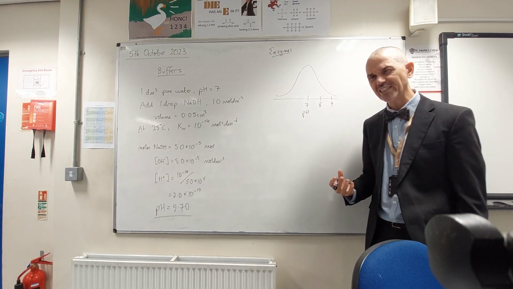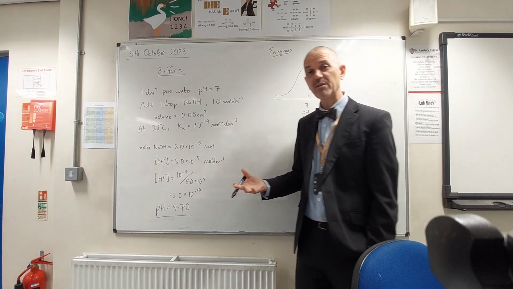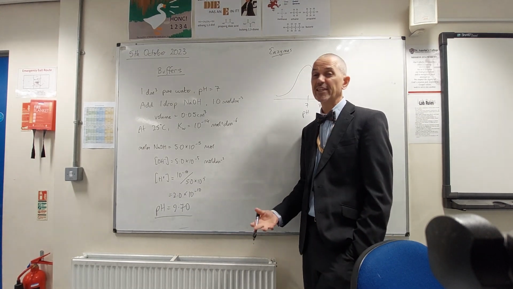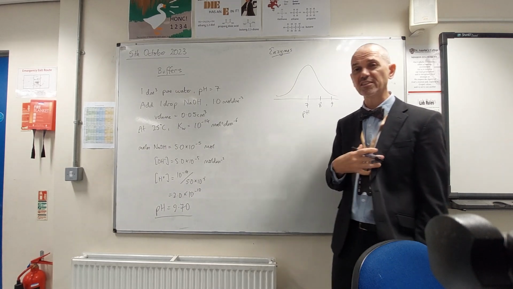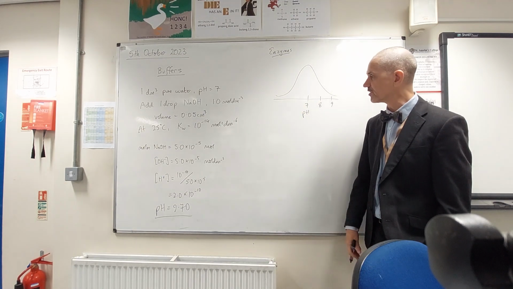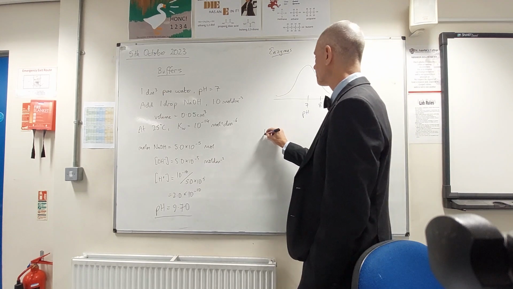So very small changes in pH. So if you drop a small amount of chemical into a fresh stream, for example, that can have a devastating effect on the local wildlife in that environment, because you're suddenly flipping the pH to an extreme. So that's why we need buffers.